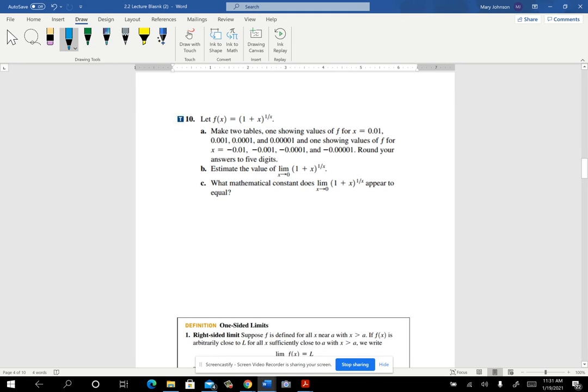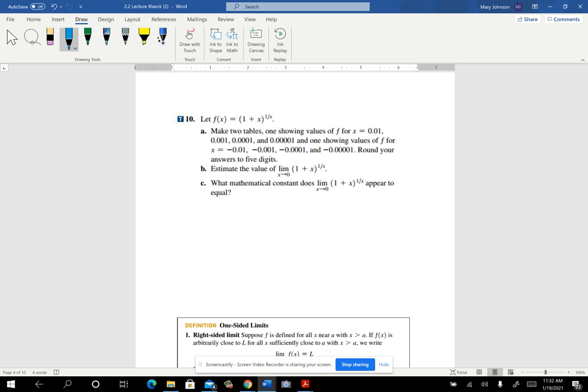All right, and then here we're making tables to look at the limit as x gets closer and closer and closer to 0 from both the right and the left side.